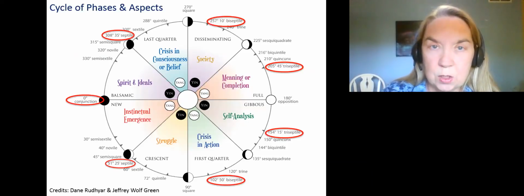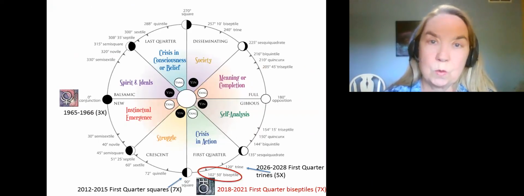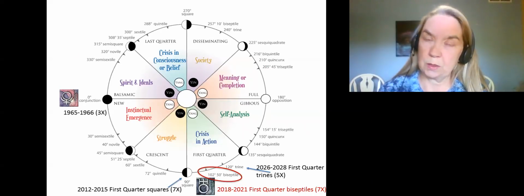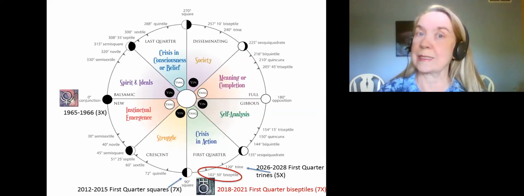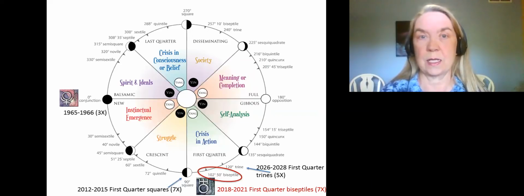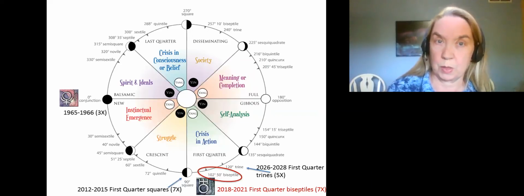Now, let's look at this from the perspective of Uranus-Pluto. What you are seeing on your screen is, anytime you compare two planets to each other to figure out their aspect, and you work with the 360 degrees of the cycle of phases and aspects, you always compare faster moving planet to slower moving planet.